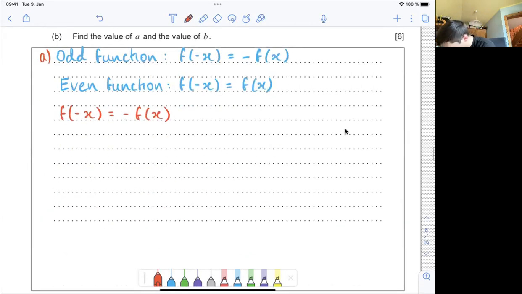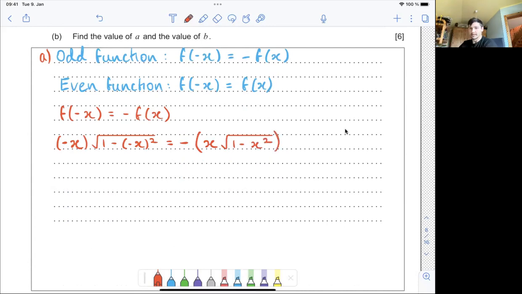So we're going to get negative x times the square root of 1 subtract negative x squared. And this has to equal negative f of x. For this one, we're going to just put a negative sign at the start of the function and put it into some brackets, x times the square root of 1 minus x squared.